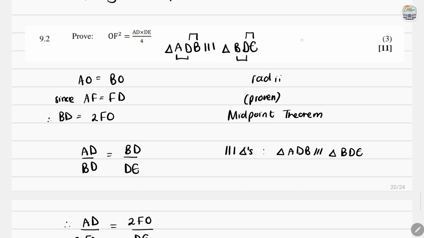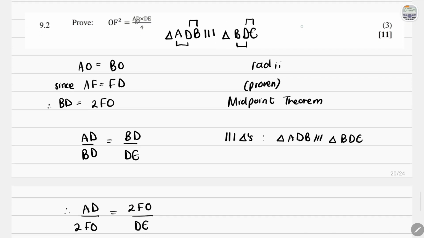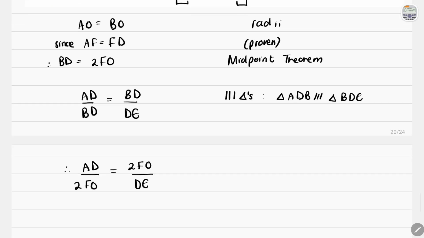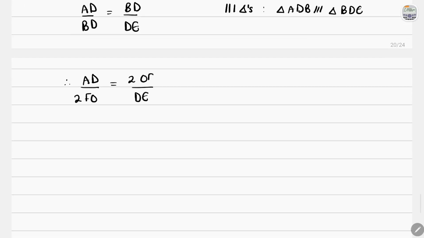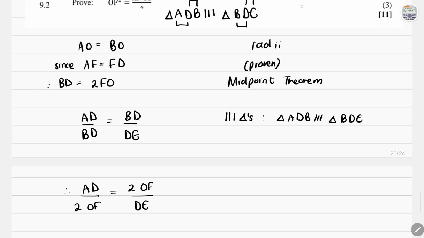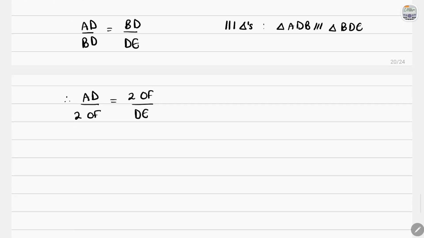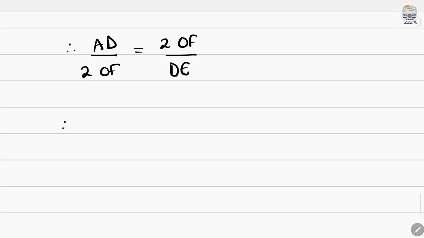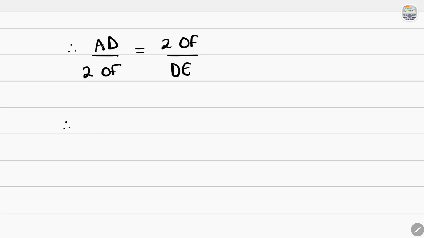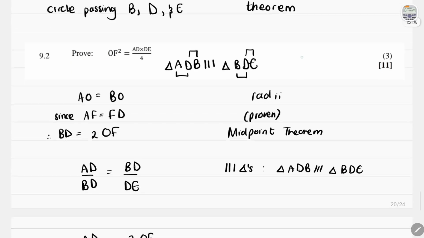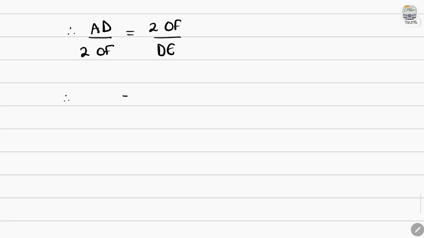Okay, and now we have all the sides they're mentioning. We have AD, DE, and OF. Now we can cross multiply. So we're saying AD multiplied by DE, and this is equal to 2 times 2 is 4, and then OF times OF is OF squared.